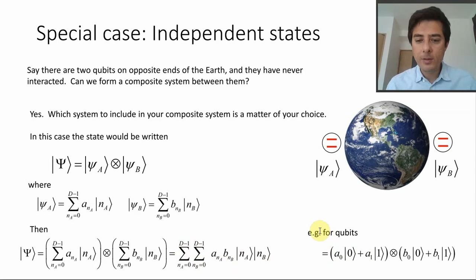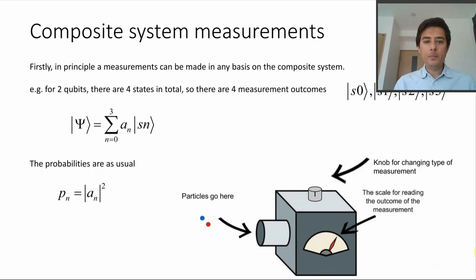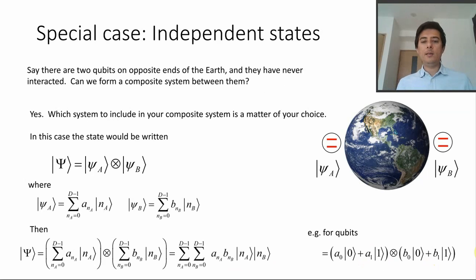Alternatively, for the case of qubits, to give a more specific example, it would be something like this: A0 times 0 plus A1 times 1, tensor product with B0 times 0 plus B1 times 1. Okay, so this is how you'd write independent states.